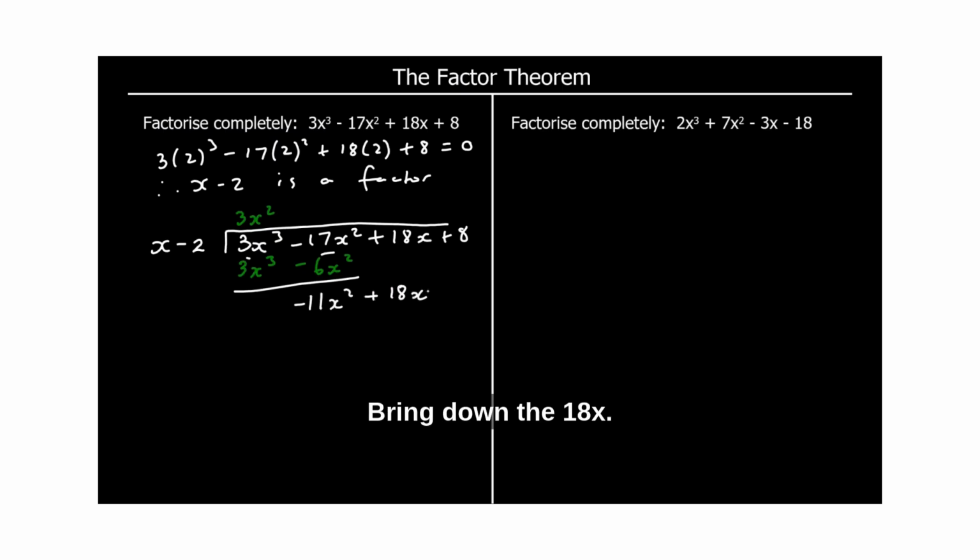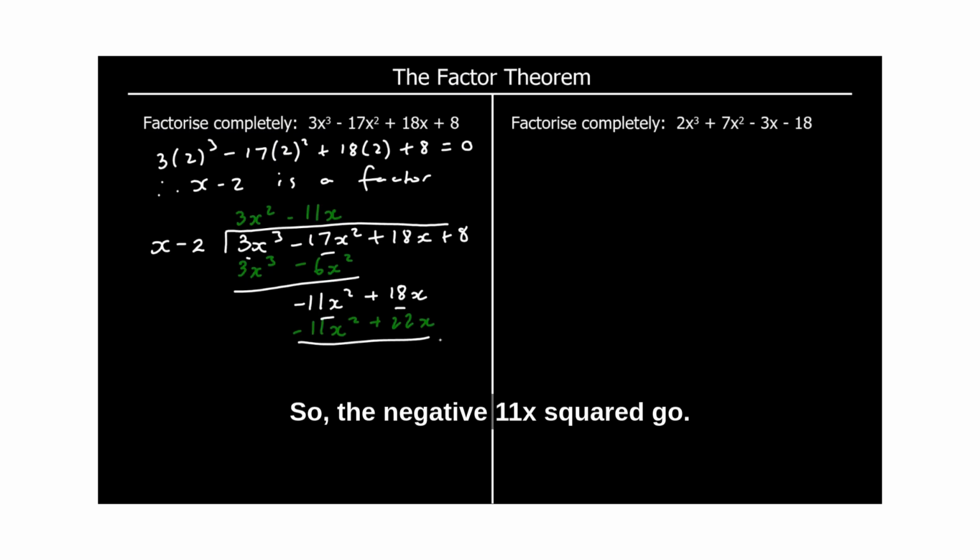Bring down the 18x. Negative 11x squared over x is negative 11x, times by negative 11x, that's negative 11x squared plus 22x. Take away. So the negative 11x squareds go. 18 take away 22 is negative 4, negative 4x. Bring down the 8.